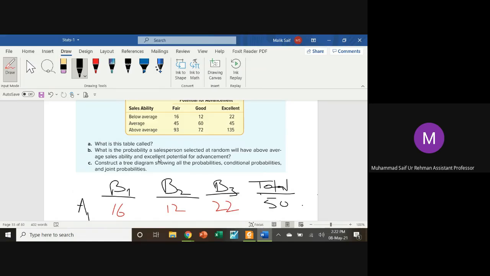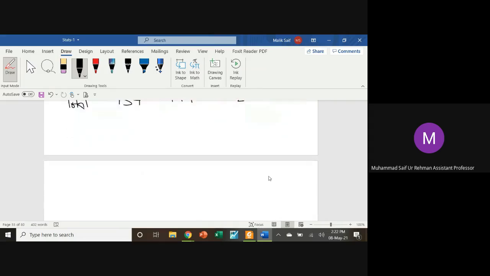What is the probability that a salesperson selected at random will have above average sales ability, meaning A3, and, meaning intersection, excellent potential for advancement, meaning B3? So you could answer this question as part B. Answering part B, you could write this is the required probability: A3 intersection B3.